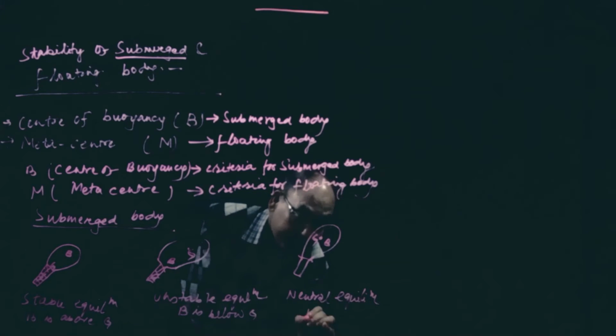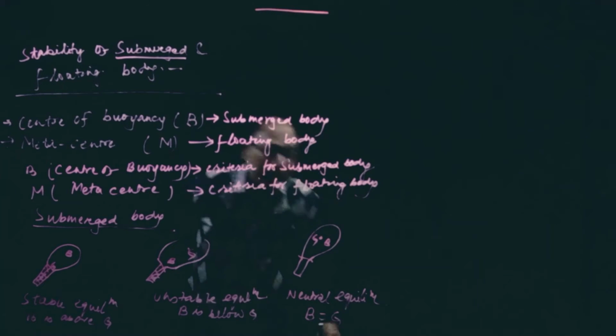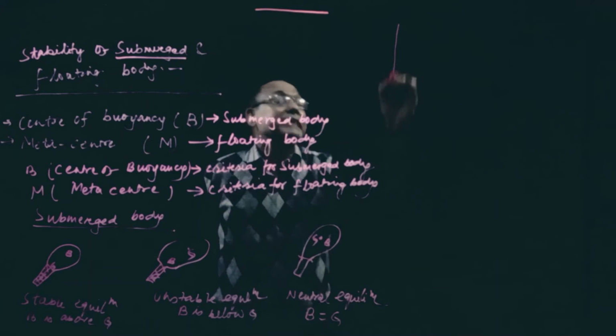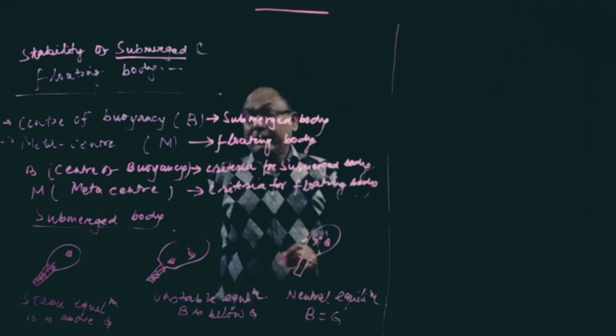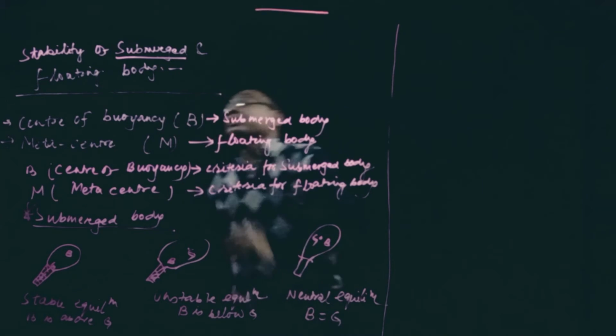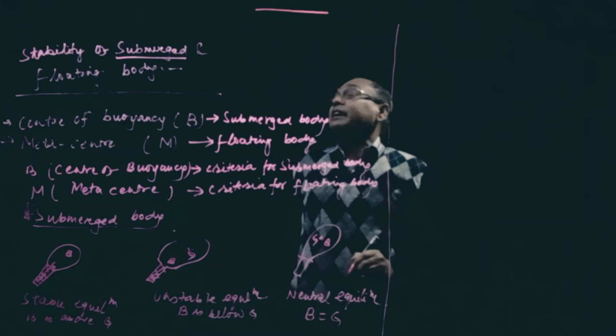That means B is equal to G, where center of buoyancy and center of gravity will be at the same point. In a similar way, this was the criteria for stability of submerged body.